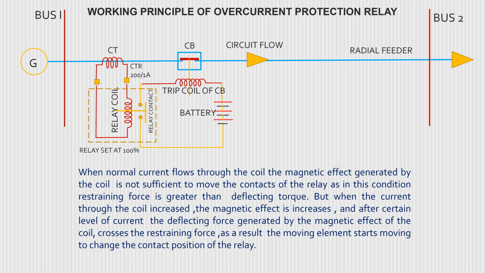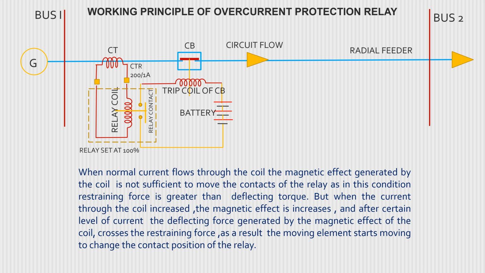When normal current flows through the coil, the magnetic effect generated by the coil is not sufficient to move the contacts of the relay, as in this condition the restraining force is greater than the deflecting torque.